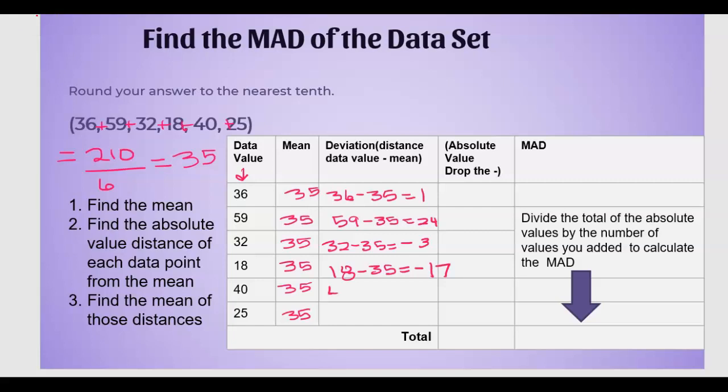And then 40 minus 35 is 5. And then 25 minus 35 is negative 10. Now, I drop my negative signs and I just recopy everything here as positive numbers.